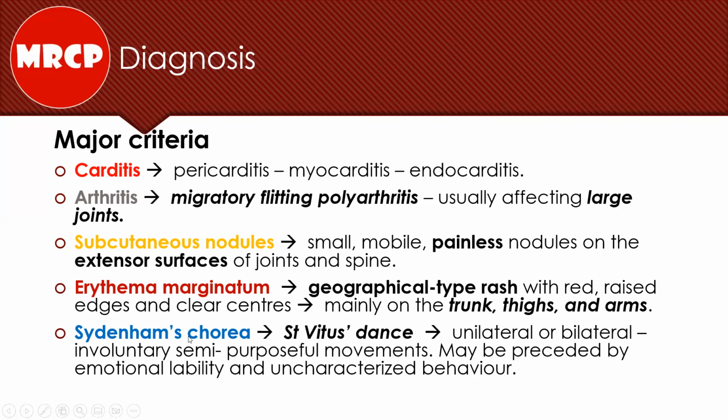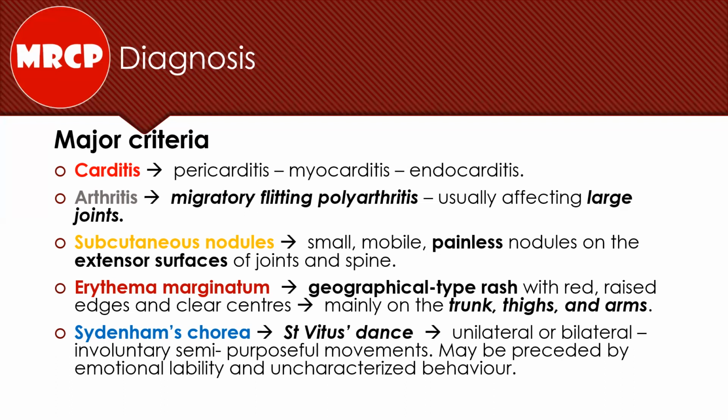Sydenham's chorea is another important major criterion here for diagnosis of rheumatic fever. Sometimes we call it Saint Vitus dance. This is a unilateral or bilateral involuntary semi-purposeless movement, sometimes associated with emotional lability. Emotional lability means that the patient is emotionally unstable.